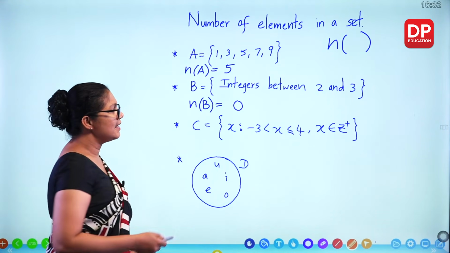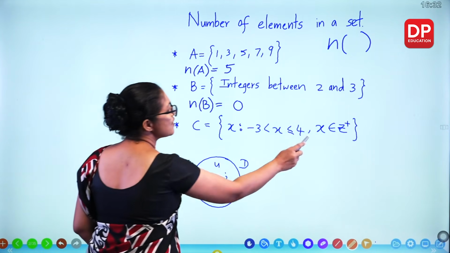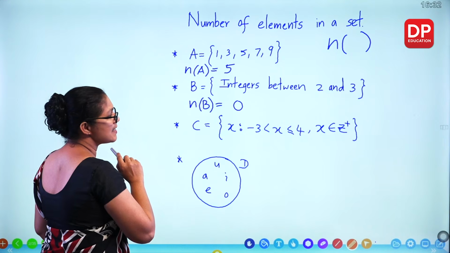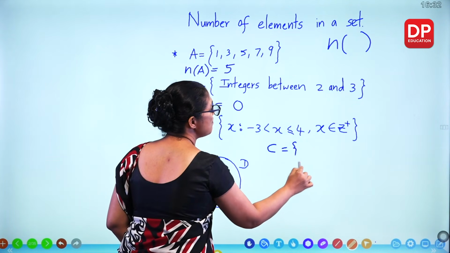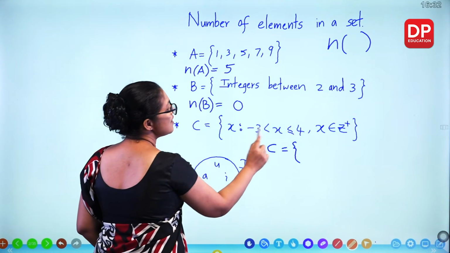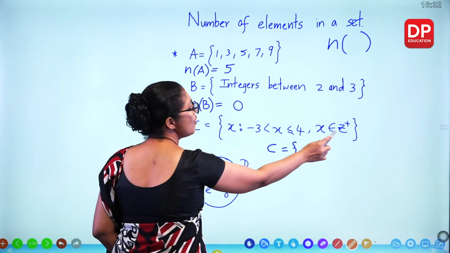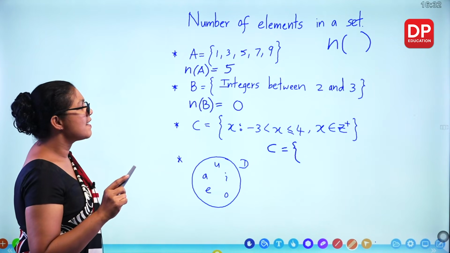Third example, this is given in set builder method. First identify what the elements in C are, and then count. It says x such that x is in between -3 and 4, and this is given Z plus, which means positive integers.